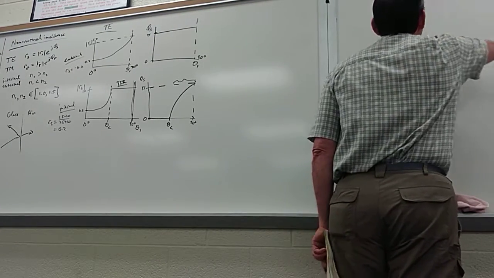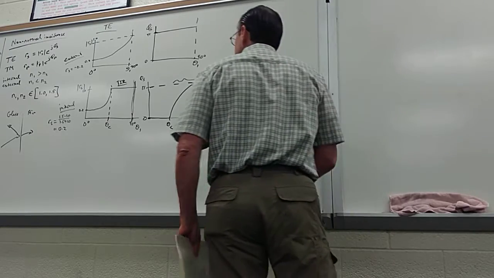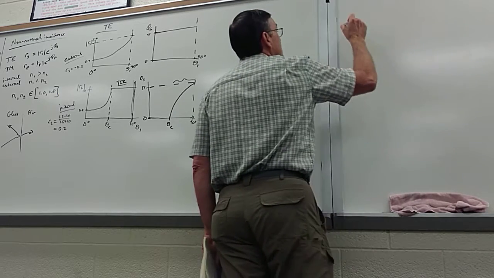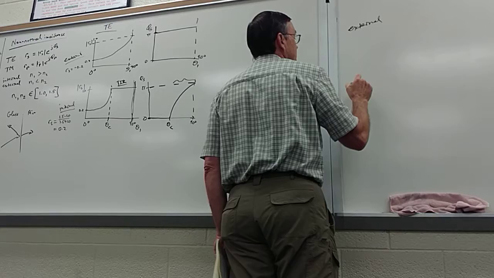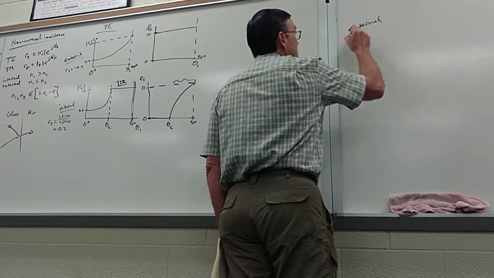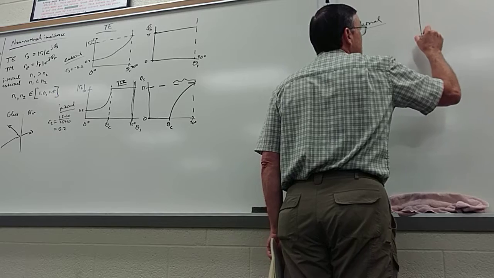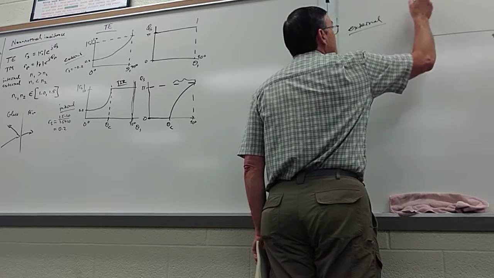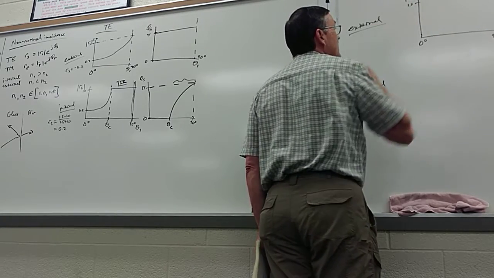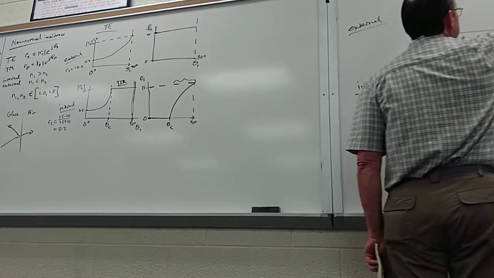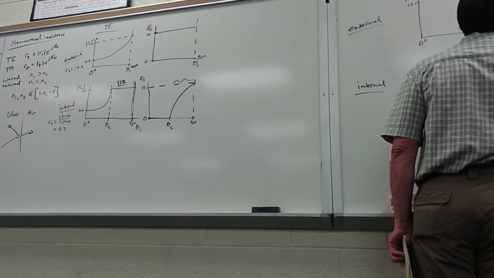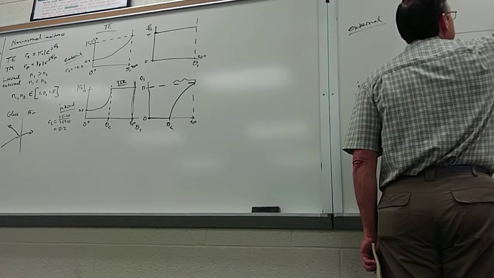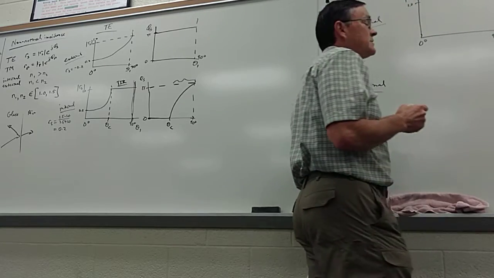Now let's do the same, but for TM, and then we'll dive into the interesting things that we're finding here. So TM, we want external reflection and internal reflection. And so what we want to do is plot the magnitude of RP as a function of theta 1. And we want to plot the phase of the reflection coefficient.